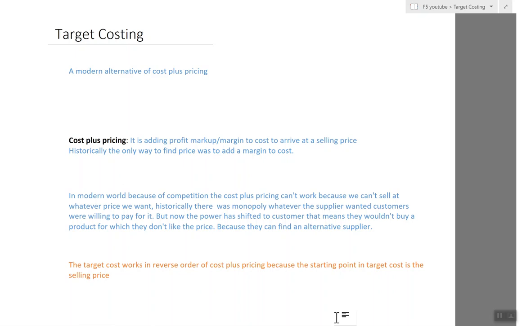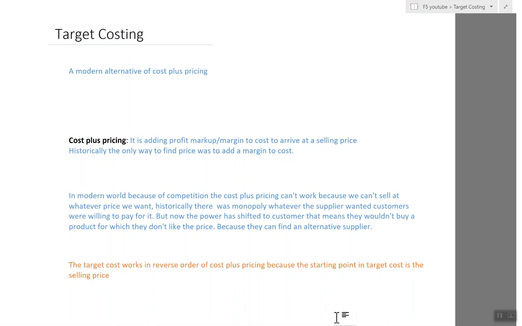So the reason for using target costing is because of increased competition and the power shifted to the customers rather than with the suppliers. Whenever there is monopoly in some regions of the countries, suppliers usually charge higher price, and customers don't have any choice but to purchase at that price.